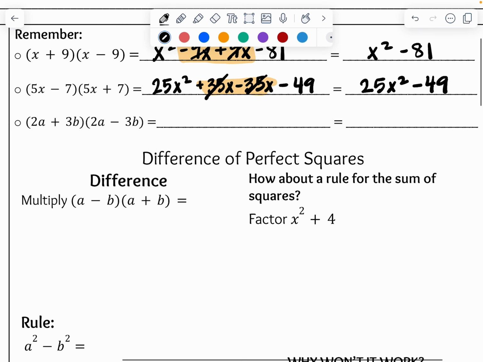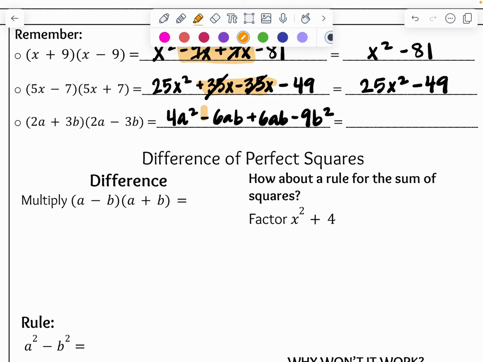I'll do one more example. 4a squared minus 6ab plus 6ab minus 9b squared. Middle terms cancel out, and we end up with 4a squared minus 9b squared.